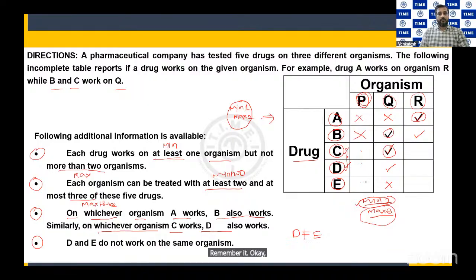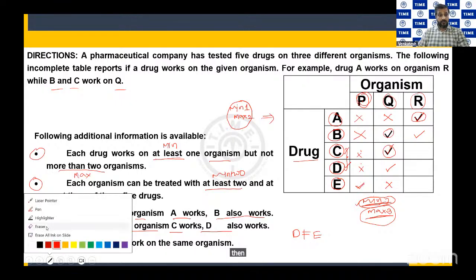Suppose E is working on the organism, then D should not work. If D won't work, C won't work on that organism. But we have a condition of minimum two and maximum three, which won't work here because there are four cross marks, which means the possibility of E tick or D cross is ruled out.